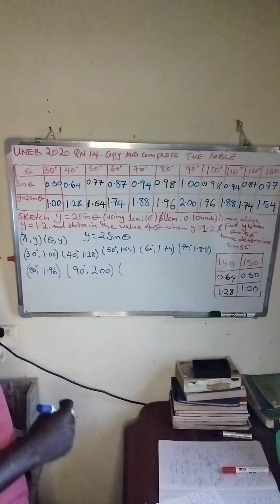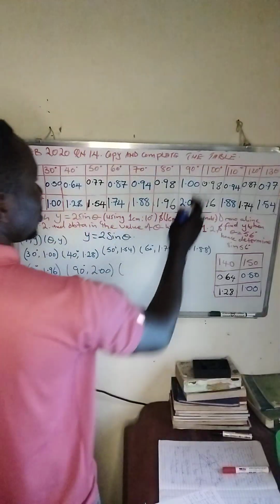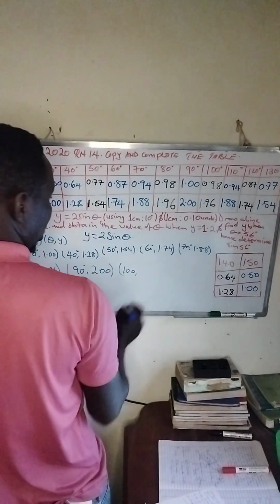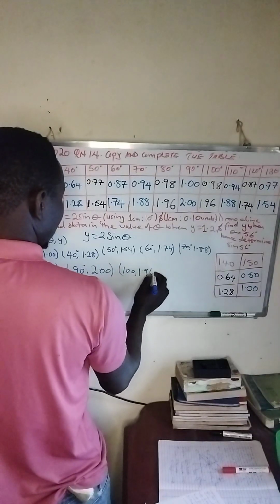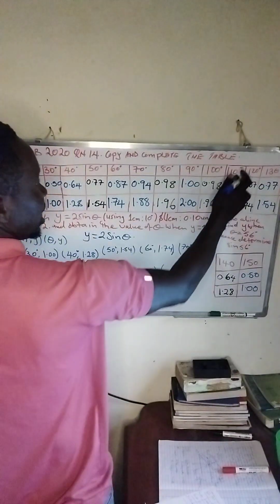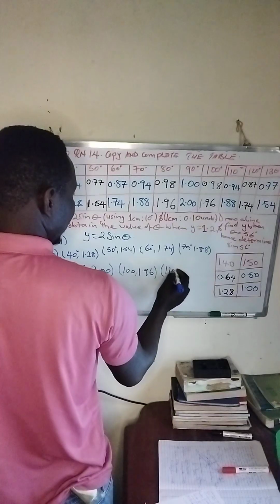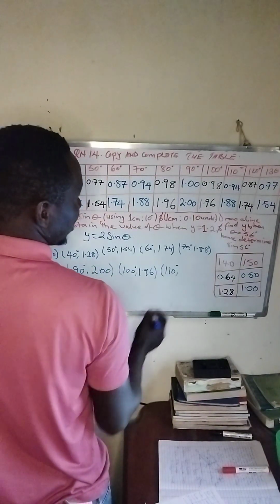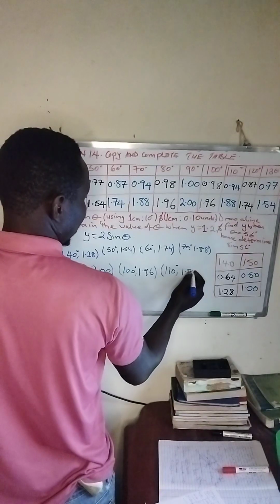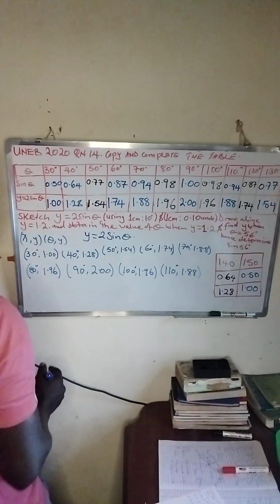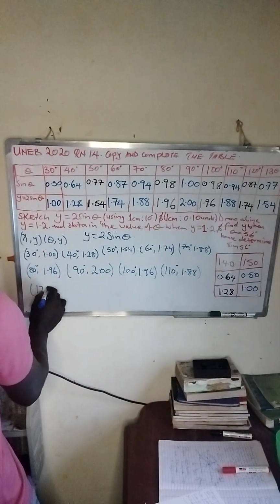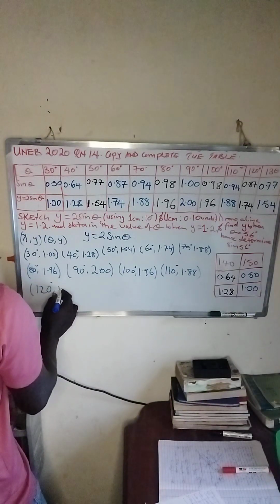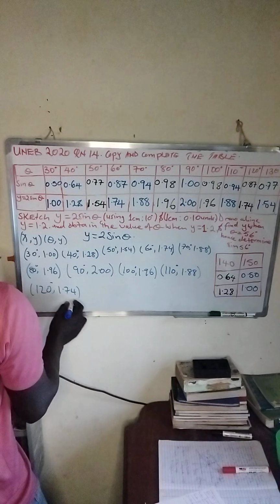Another point also will be 100 and 1.96. Then another point, you just take 110 degrees and 1.88. Then 120 degrees and 1.74.